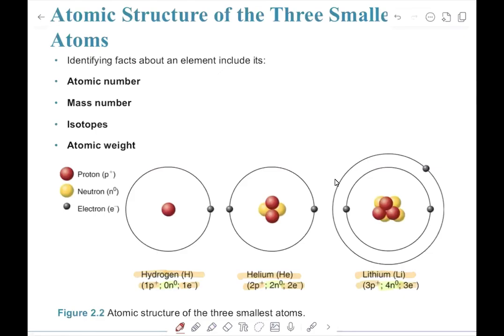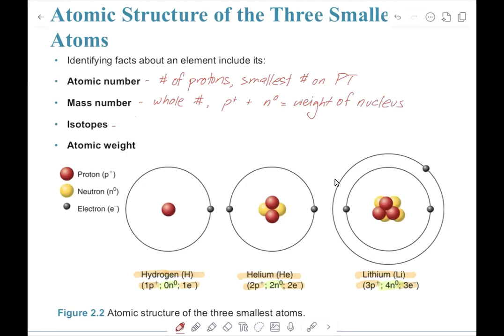So the atomic number is the number of protons, and it's going to be the smallest number on the periodic table. So when you look on the periodic table, you'll see two different numbers. The mass number is a whole number, and it's the protons plus the neutrons, which remember is basically the mass or the weight of the nucleus.